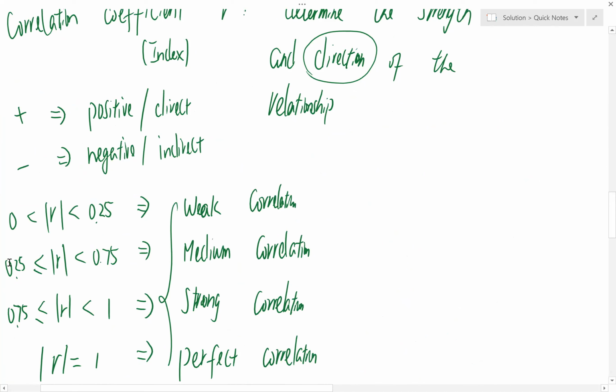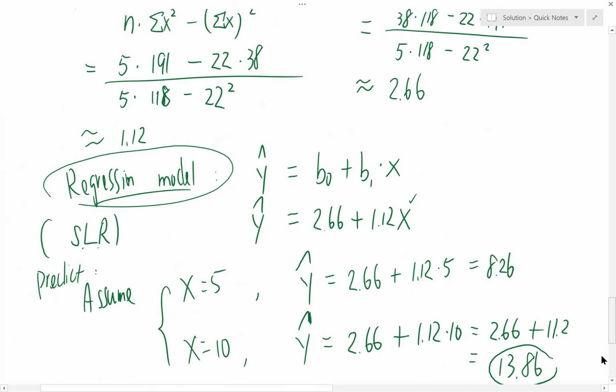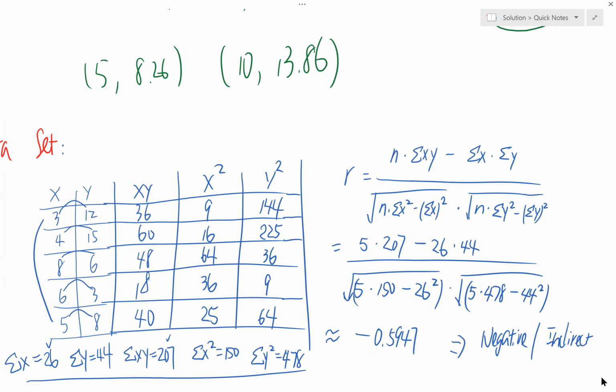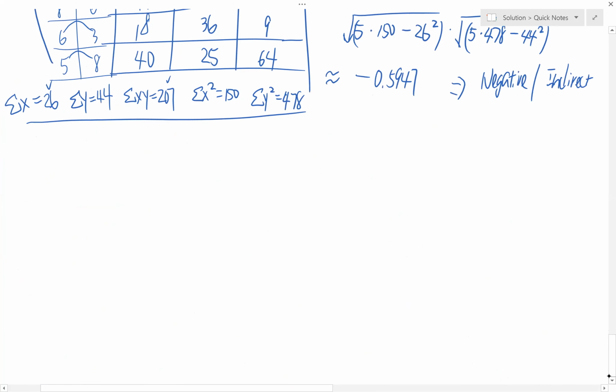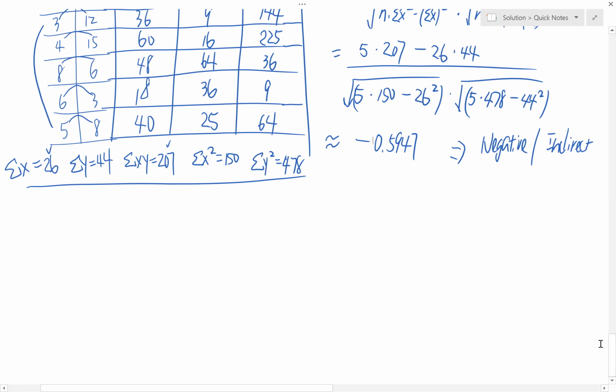The absolute value fits the second category, so it's medium correlation. We know this based on the absolute value, because it's greater than or equal to 0.25 but less than 0.75, and we call this medium correlation.